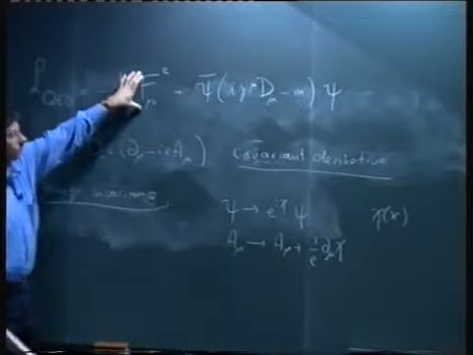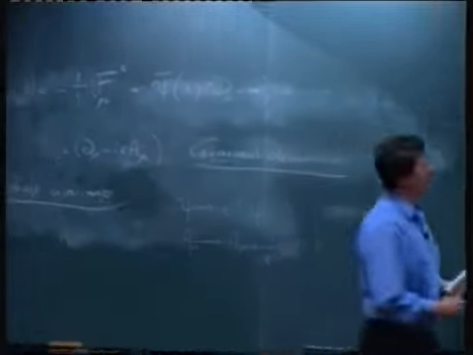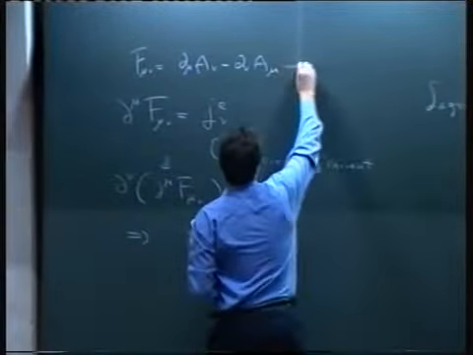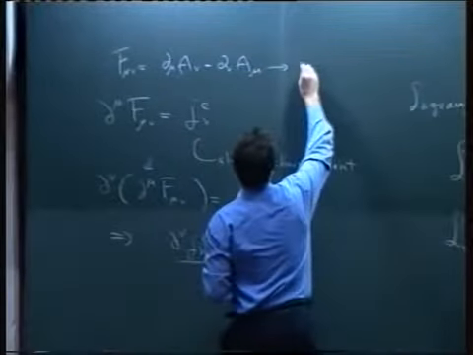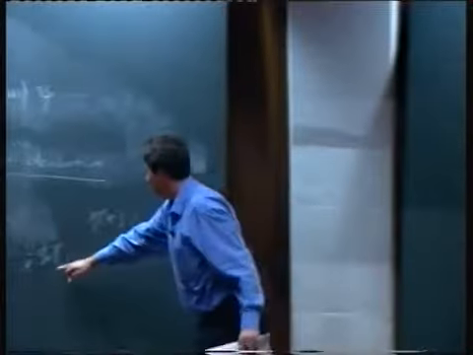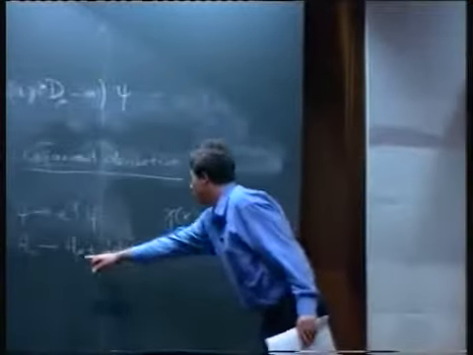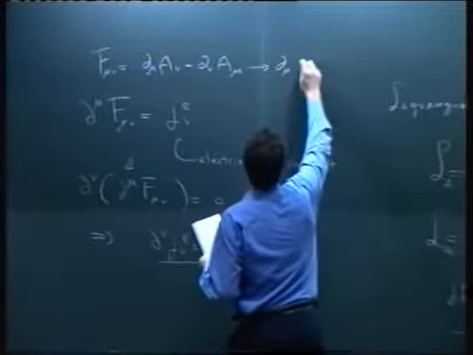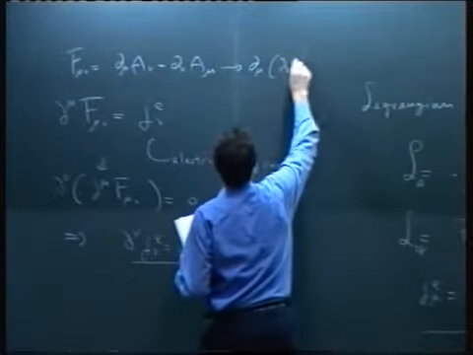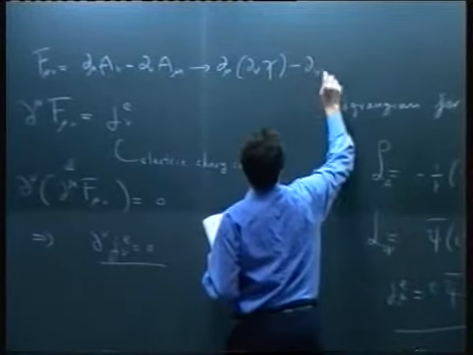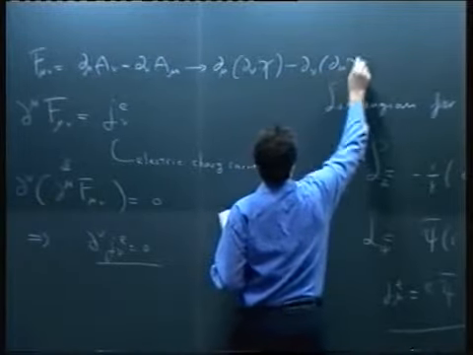First of all, F mu nu, and this you can read off from its definition. If we do this transformation, you'll find that F mu nu goes to F mu nu plus an additional term that you get because of this change in A mu, which is d mu d nu chi, minus the other term which you get, d nu d mu chi.